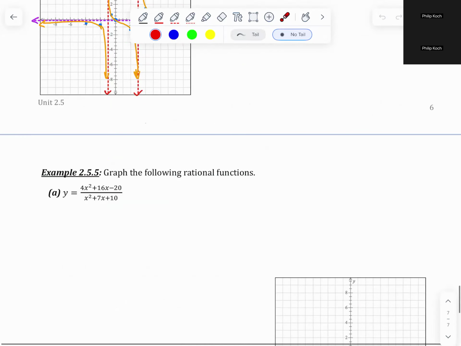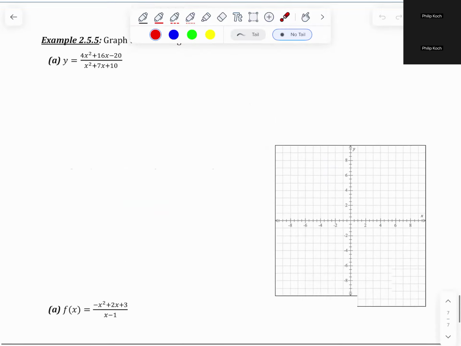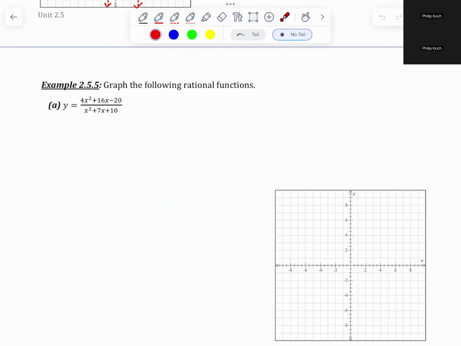So graph this rational function. We've got 4x squared plus 16x minus 20 over x squared plus 7x plus 10. So first things first, we're going to write down all the bits of information. We're going to factor it. And in the numerator, you might notice that there's a common factor of 4.